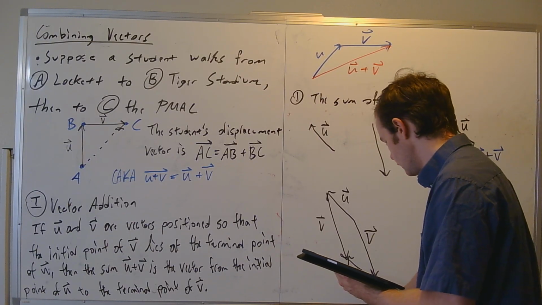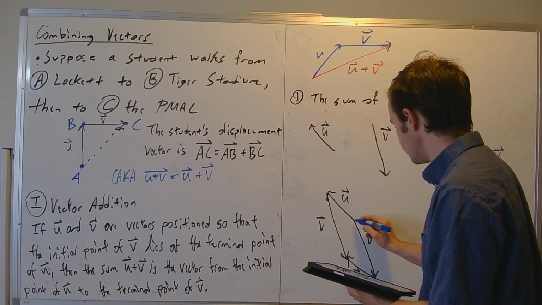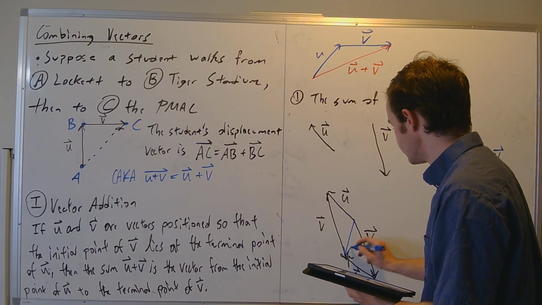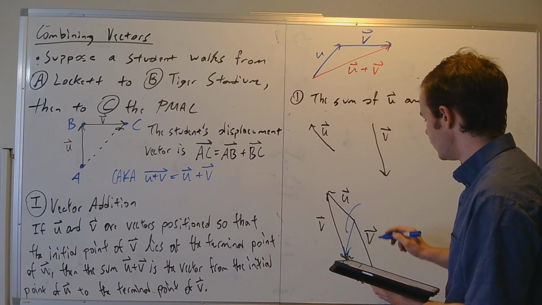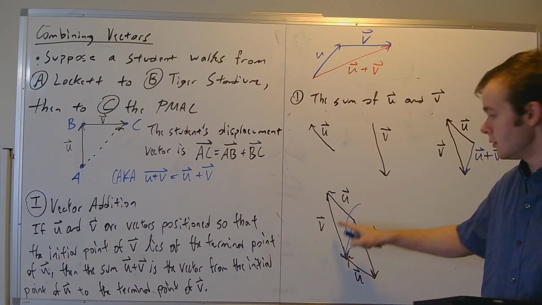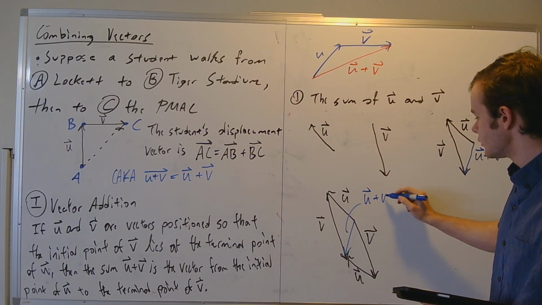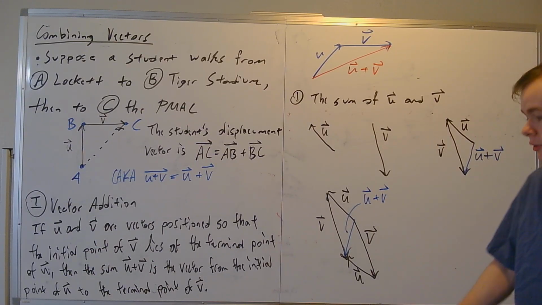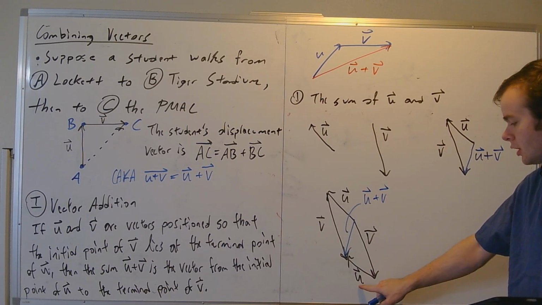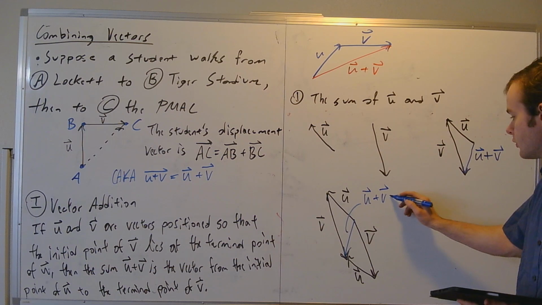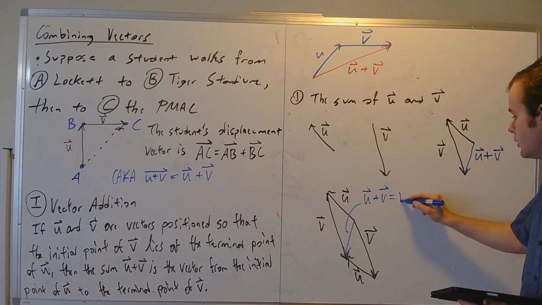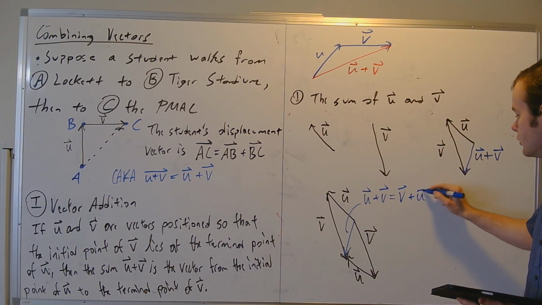If we then draw this line from here to here, then if you look at the top, this was u plus v, so this is u plus v. And if you look at the bottom, we started with the vector v, and then we added the vector u, and that was the same thing. So u plus v equals v plus u.